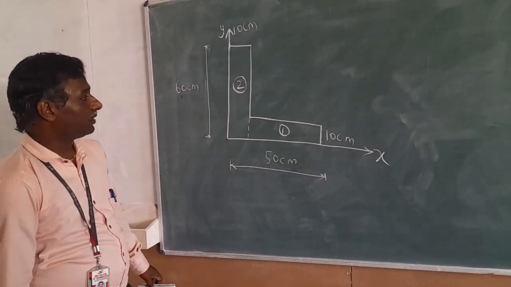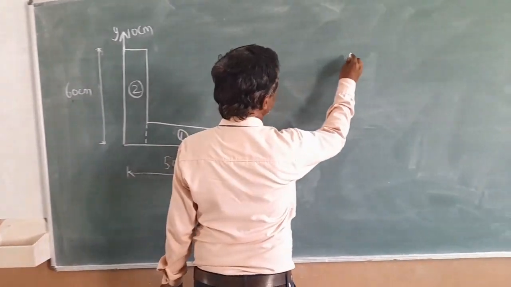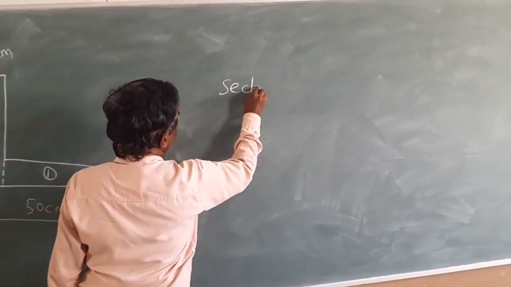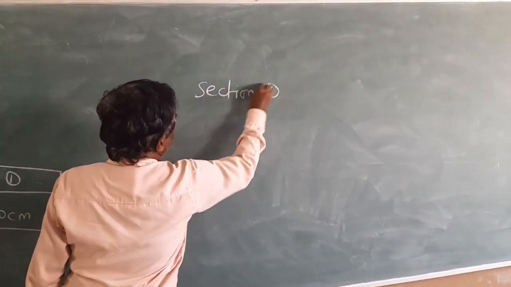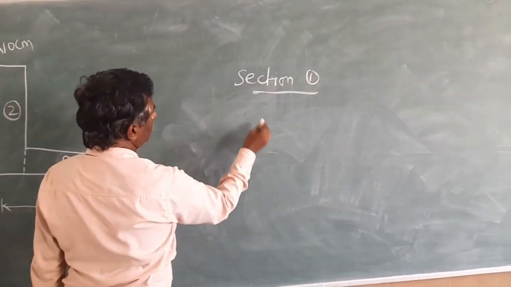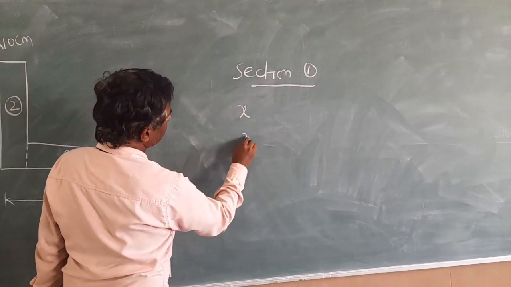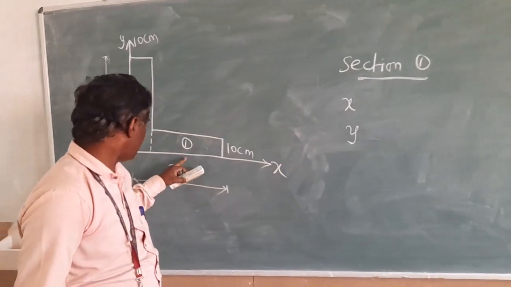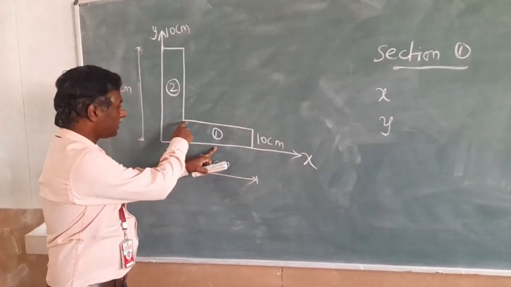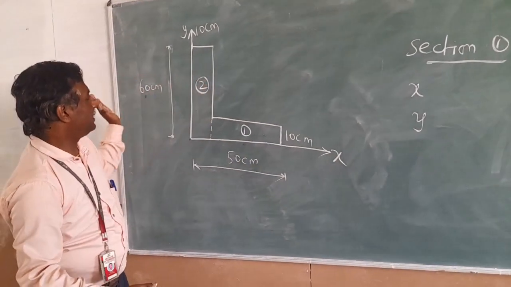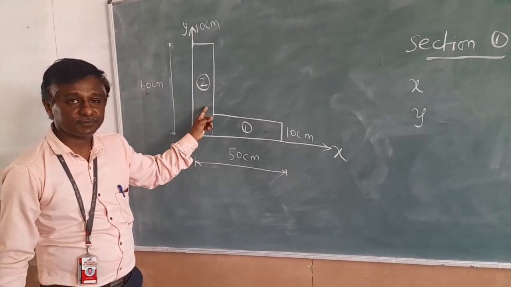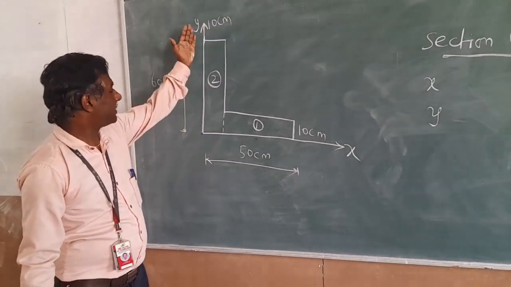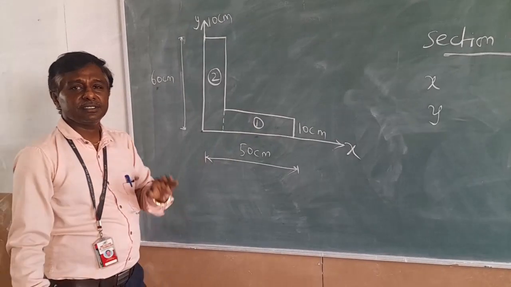Now consider the first rectangle, section 1. What is x, what is y? That means considering this section alone, you just neglect the second rectangle. From the reference axis, what would be the centroid?